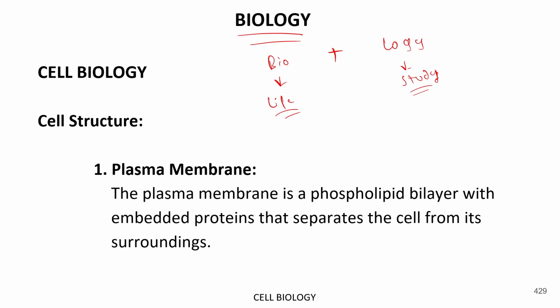Every living being and every non-living thing which is directly or indirectly connected with living beings, and the lives of living beings are affected by these things, then it will also be covered in the part of biology. Got it? So biology is not just the study of living things, but also all the things which are directly or indirectly connected with the living ones.